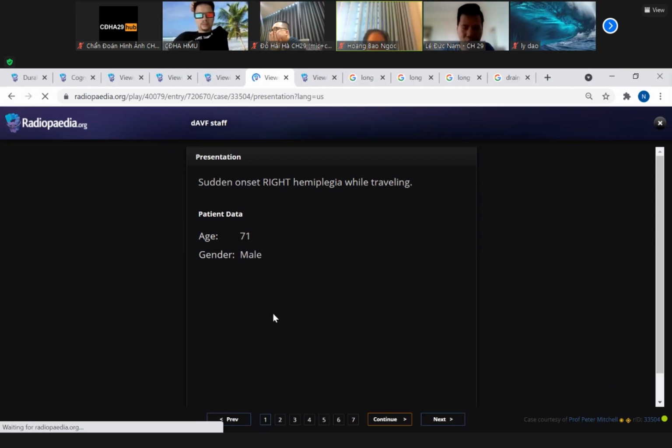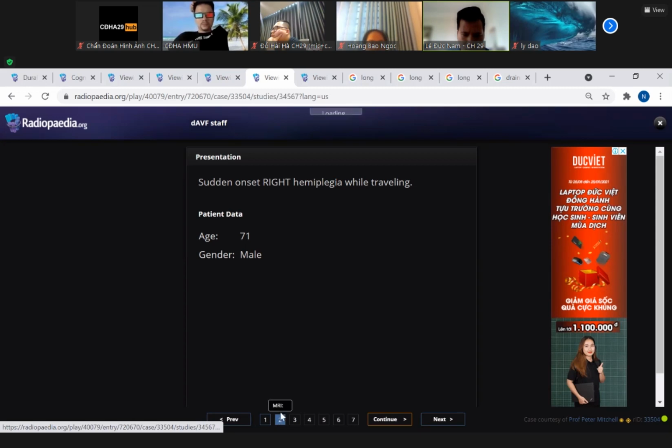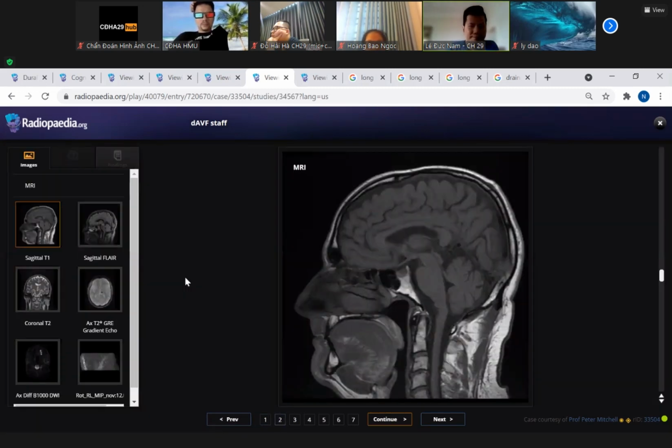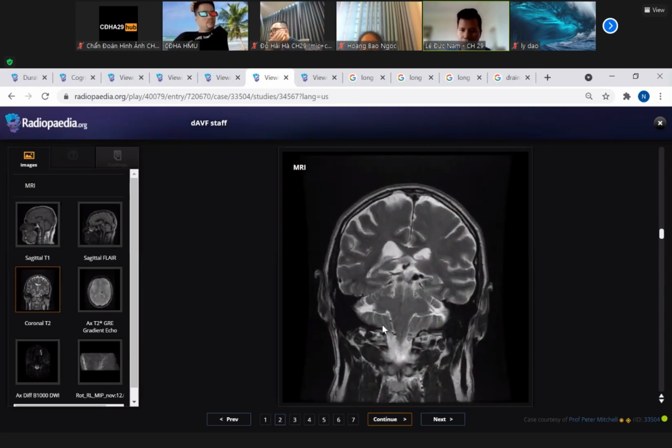This male patient had sudden onset hemiplegia while traveling. On MRI, this is a coronal T2.